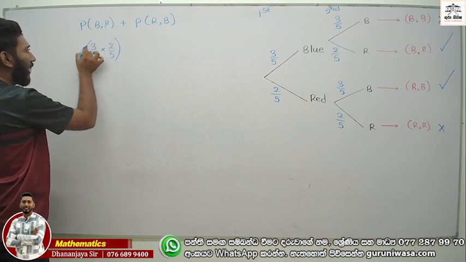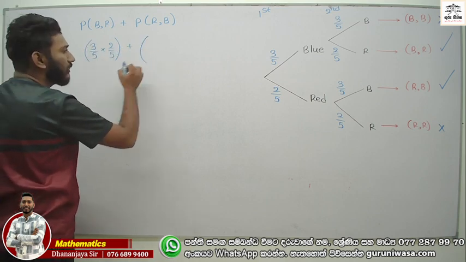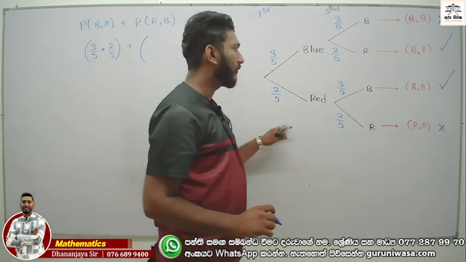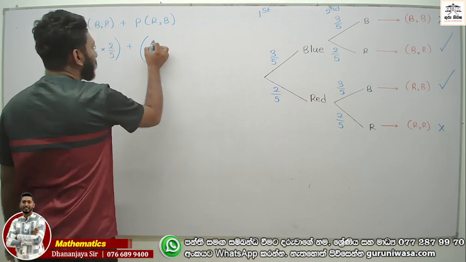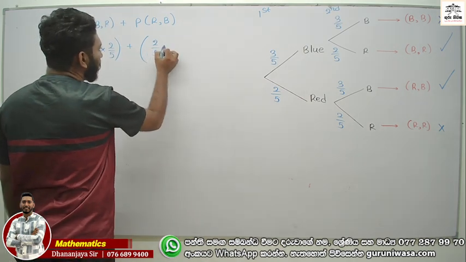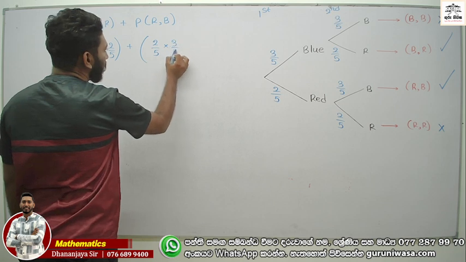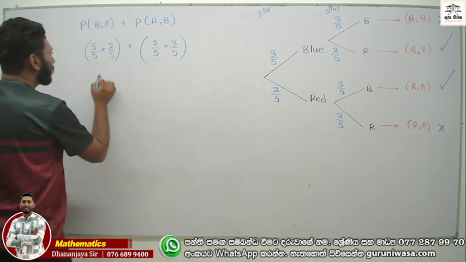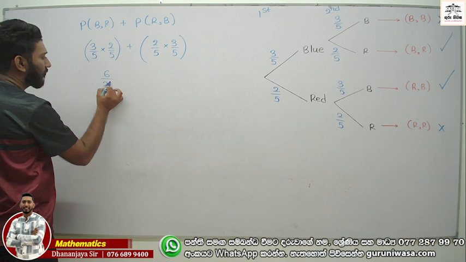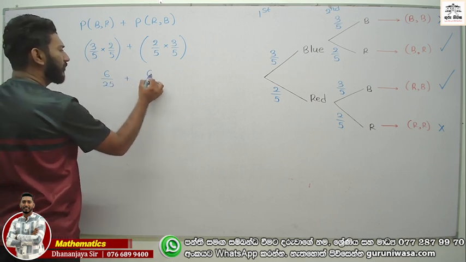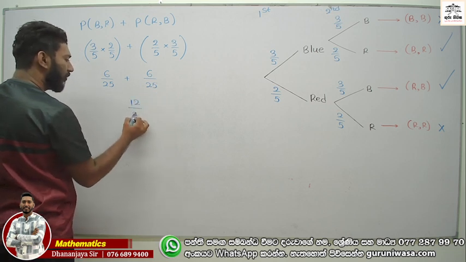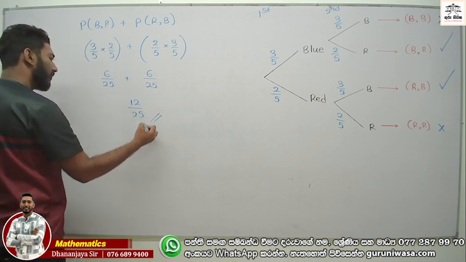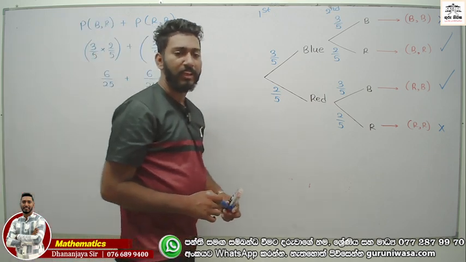Now you need to add the probability of red and blue: 2/5 into 3/5. Now the answer becomes 6/25 plus 6/25, which is 12/25.